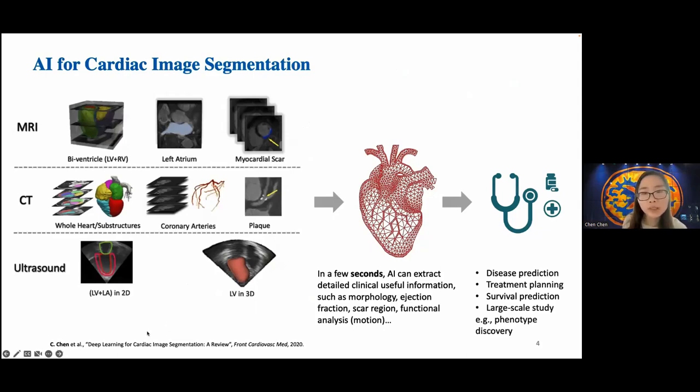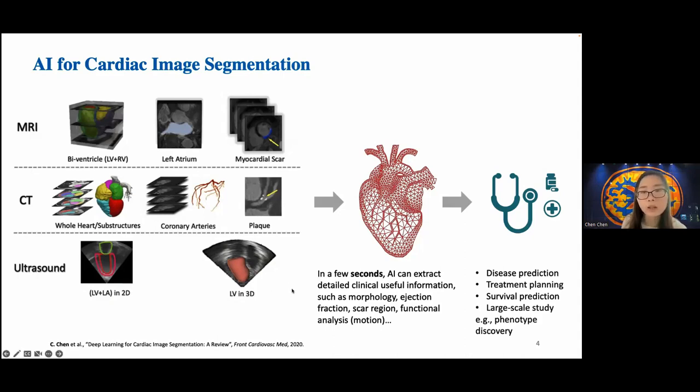We can quickly perform medical image segmentation from different imaging modalities. For radiologists, it usually takes roughly, for example, 10 minutes or even half an hour to annotate the contours of the anatomical structures for measurement and to spot any abnormal tissues.